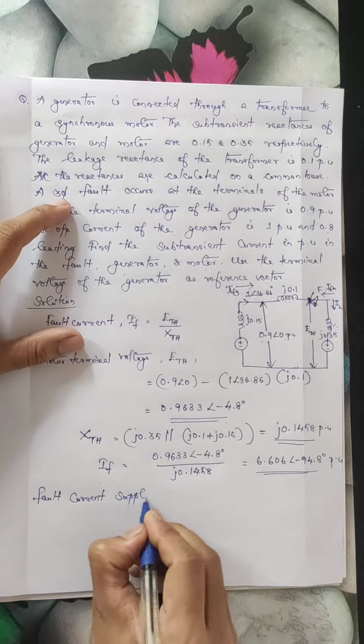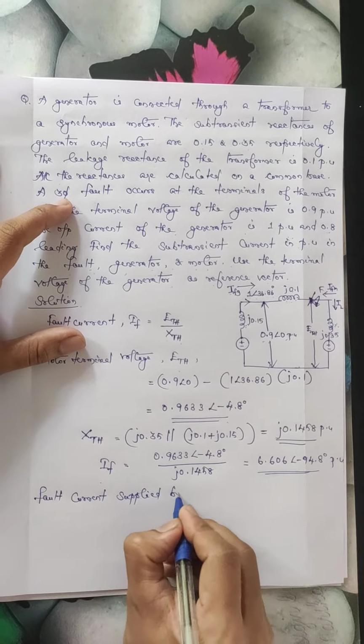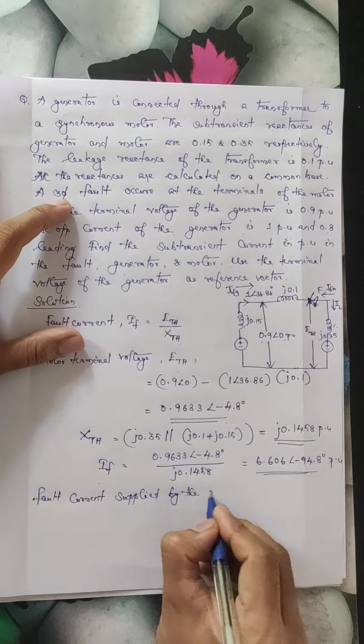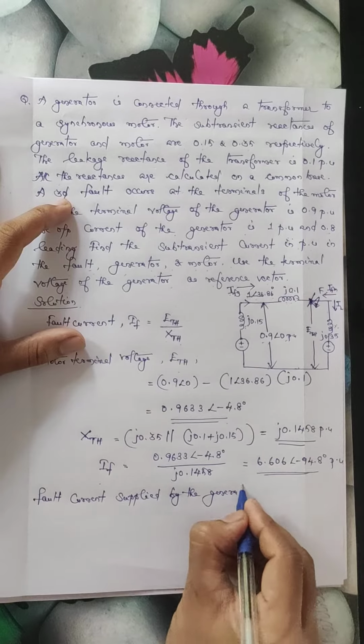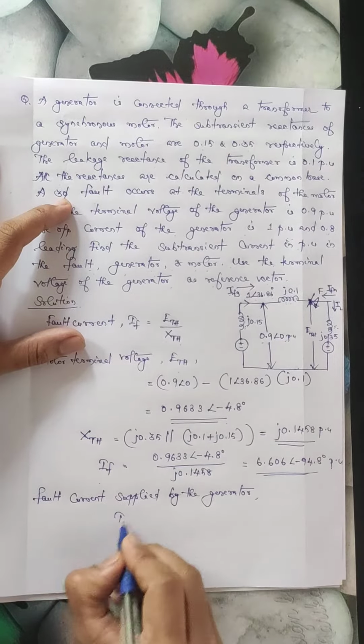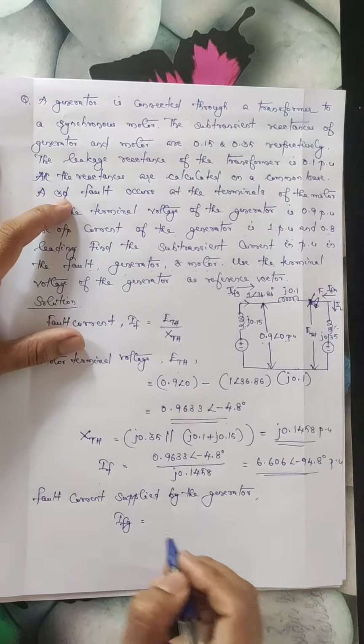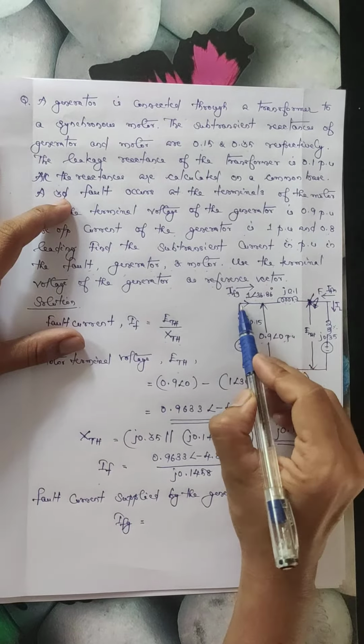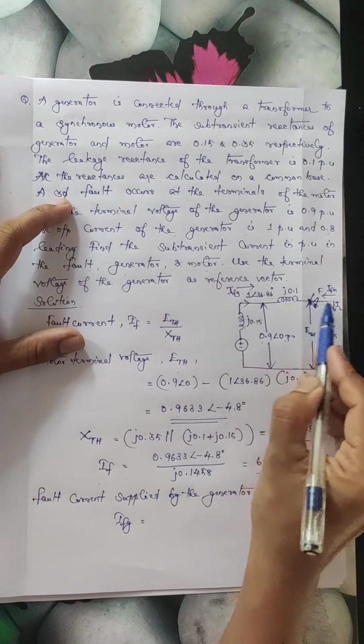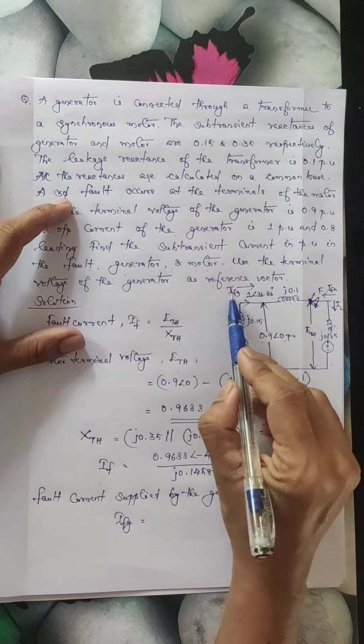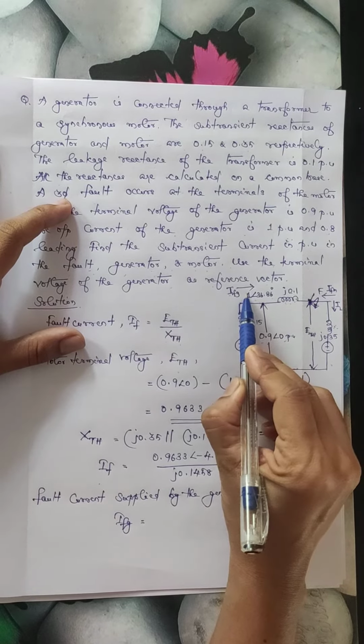So fault current supplied by the generator, IFG, will be equal to, so we know that this branch is in parallel with this branch. So we can calculate IFG using current division rule.